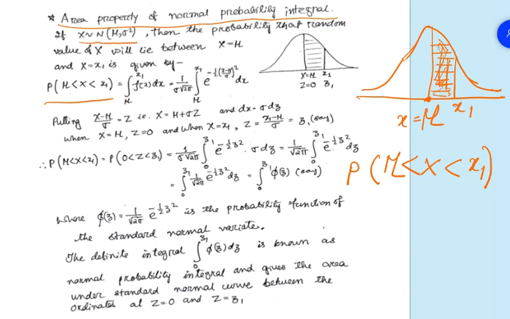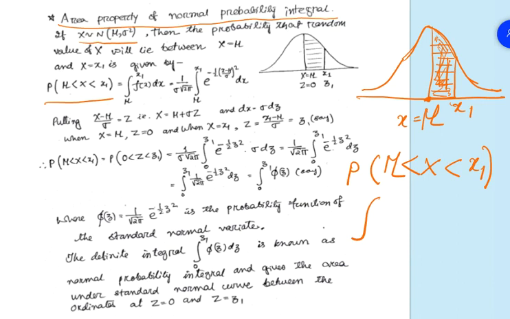This is the area between mu and x1. You know that the probability for a continuous distribution is given by the area between the x-axis and the curve, and this area we can find using integration.